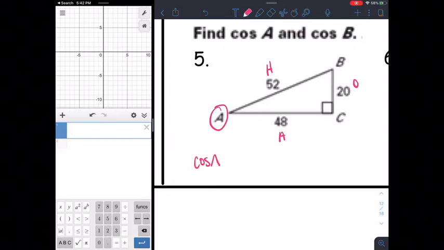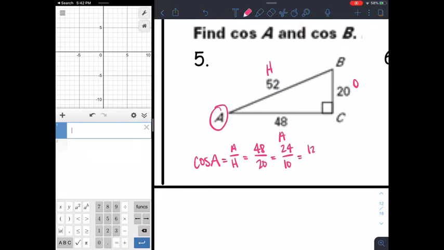If I want the cosine of A, cosine is the adjacent over hypotenuse. So adjacent to angle A is 48, and opposite to angle A is 20. That would be 24 over 10 and 12 to 5.